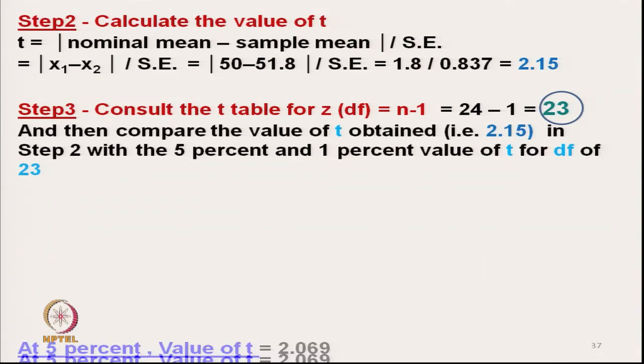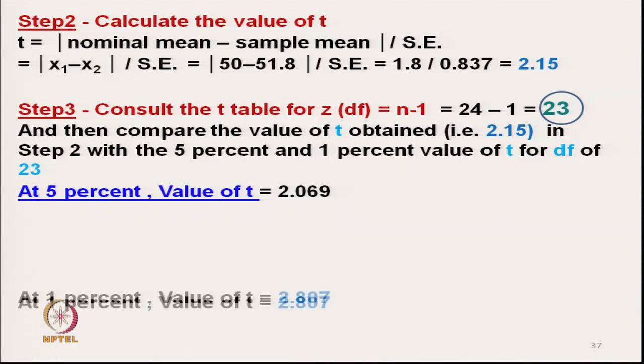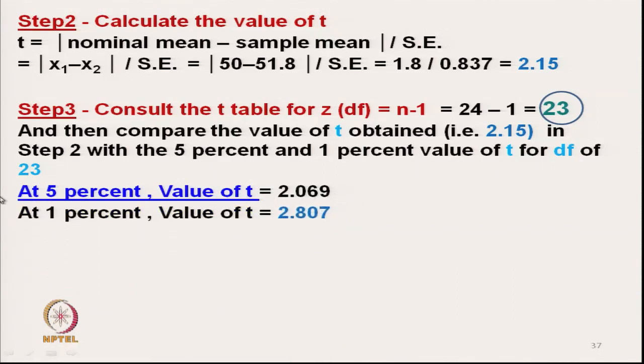At the 5% level it was 2.069, and at the 1% level it is 2.807. Our calculated value is 2.15. So, what does it mean? This value lies in between the 5% level and the 1% level.